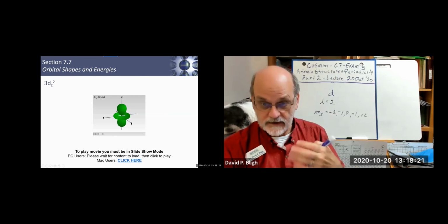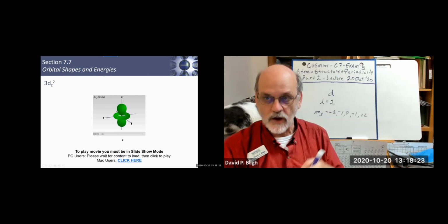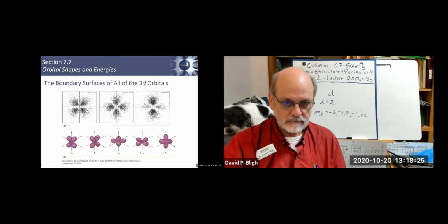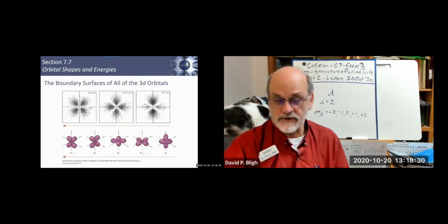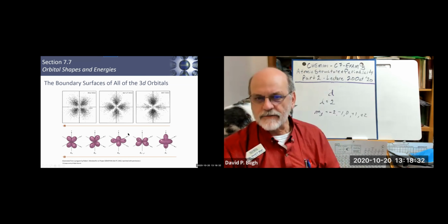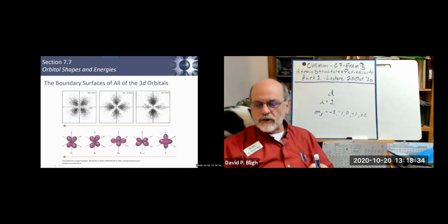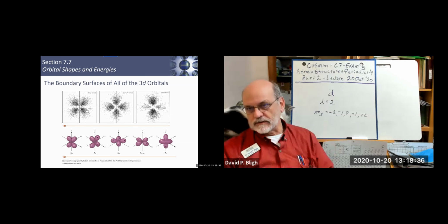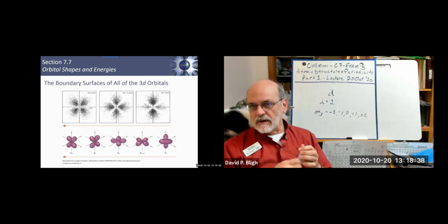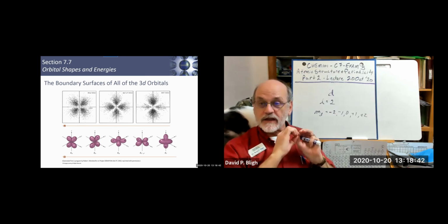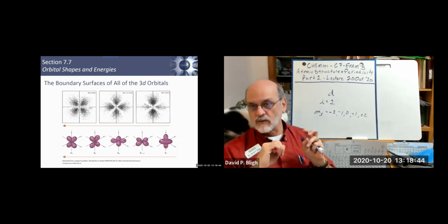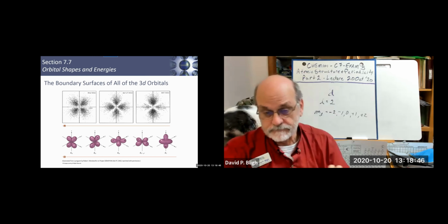This is what they derived once they solved the equations. And these are just other ways of representing them. You're not going to have to reproduce any of these shapes. I'm more interested in your ability to actually write the electronic configuration for an atom. And we're going to practice that in just a minute.